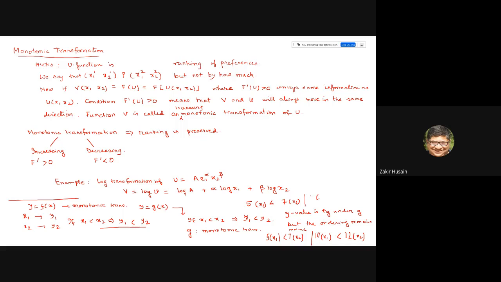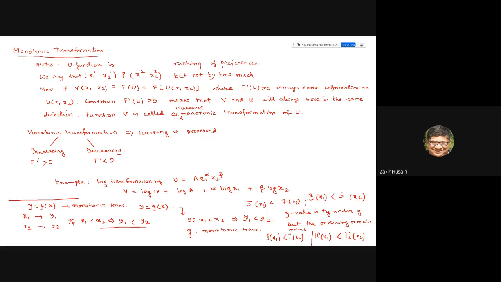That means if I put x1, I'm getting a value of 3 for y. And if I put in x2 into this function, what will I get? Not 7, but a lower value. Okay? So that means if it is a negative transformation, y is scaled down.